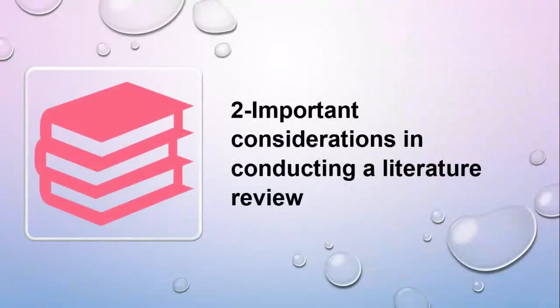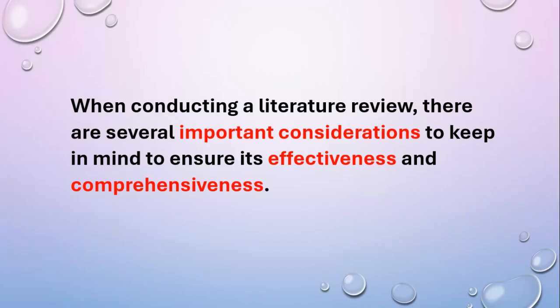So let's move on. When we conduct literature review, there are important things that we should consider, right? Let's see what to consider in conducting our literature review. There are several important considerations to keep in mind to ensure the effectiveness and comprehensiveness of your literature review.